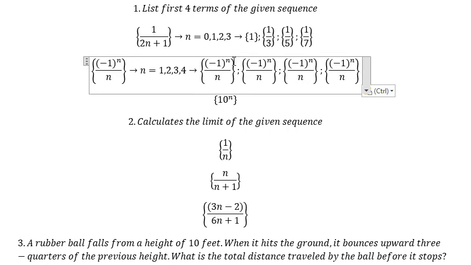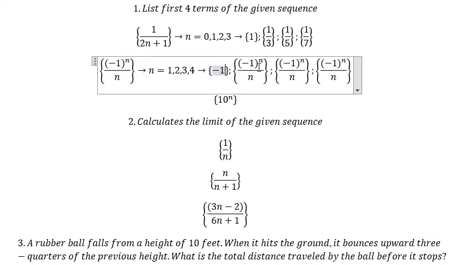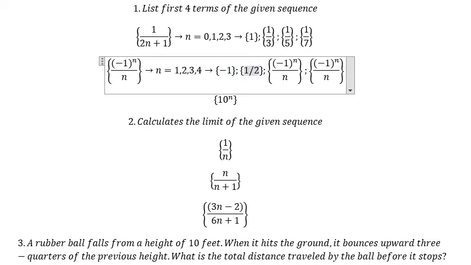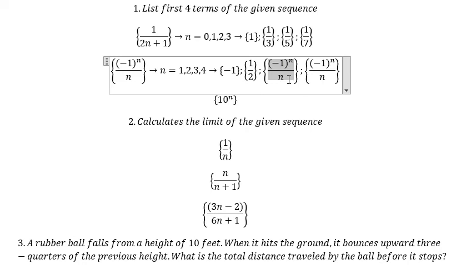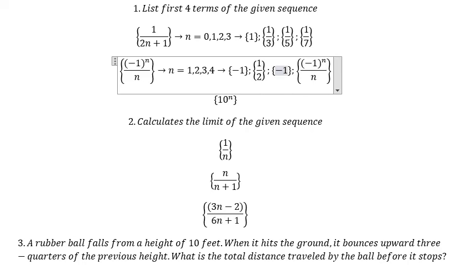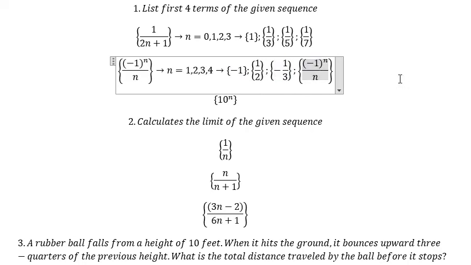We put 1 in here, so you get negative 1. We put 2 in here, you get 1 over 2. This one is negative 1 over 3. And this one you get 1 over 4.